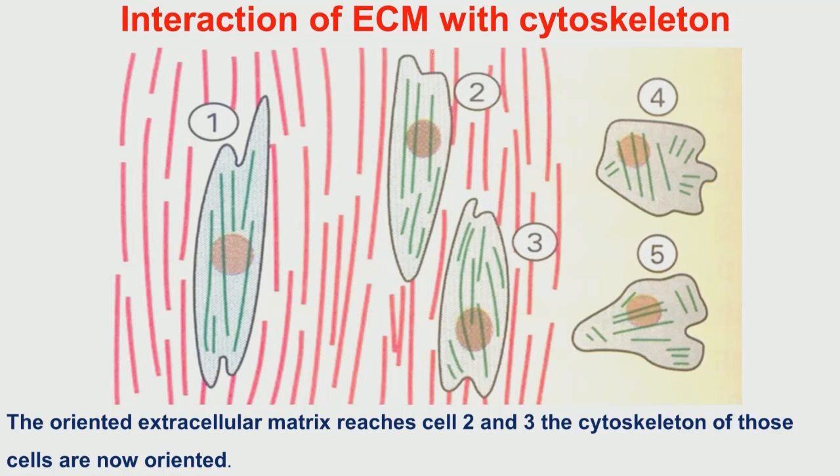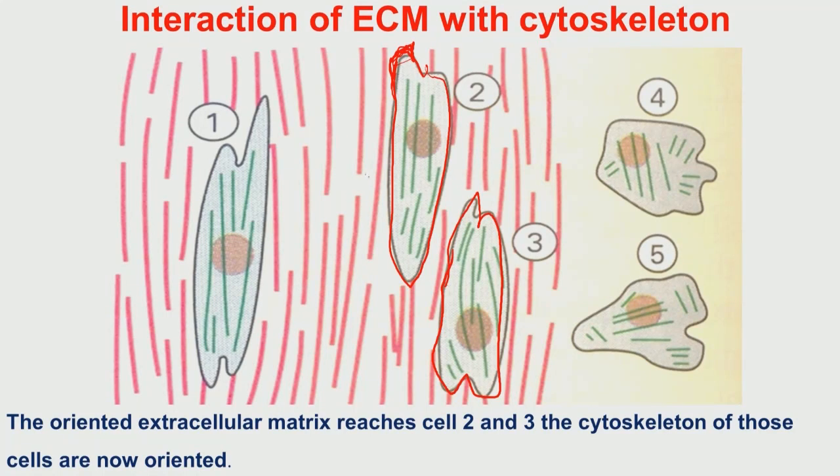In the next slide, as you can see, as the extracellular matrix formation progresses, cell number 2 and cell number 3 undergo cytoskeleton reorganization. As I said, this is one of the ways that a cell adapts itself, by cell shape changes, and that is exactly what happens.